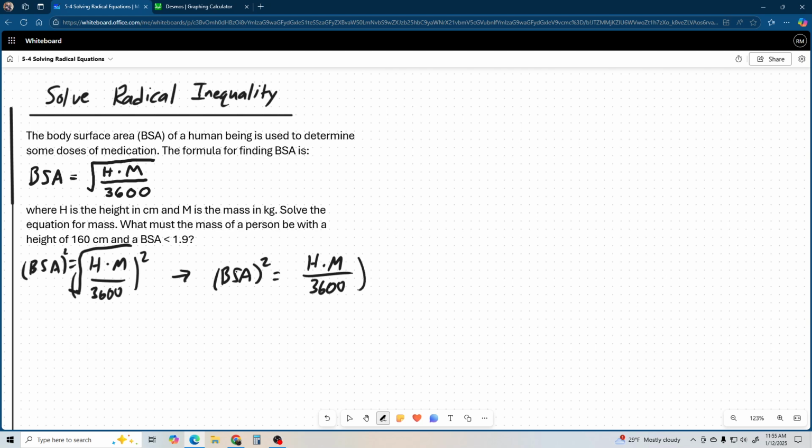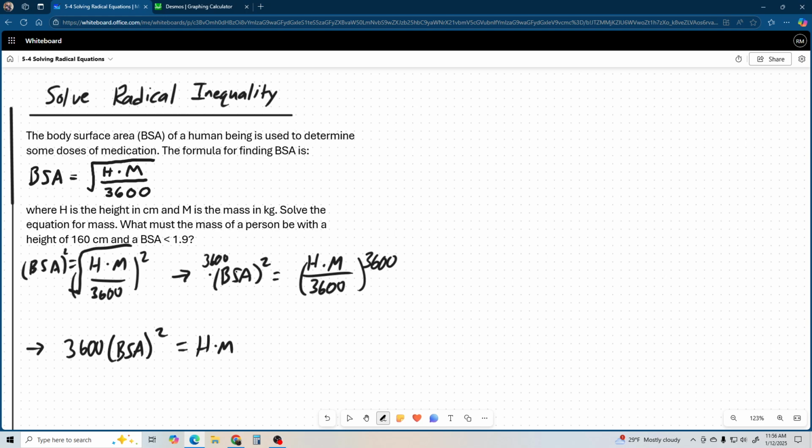So let's multiply both sides by 3600. This also is times 3600. So this is going to give us 3600 times our BSA squared equals h times m. So far, so good.